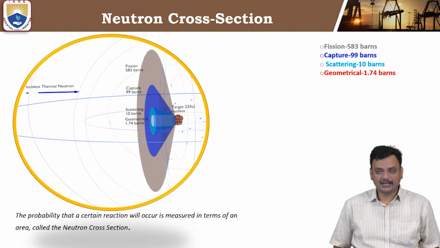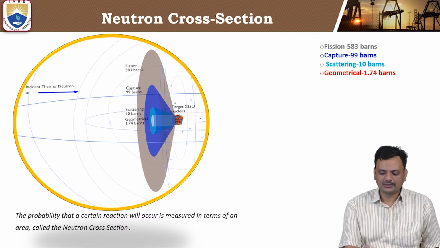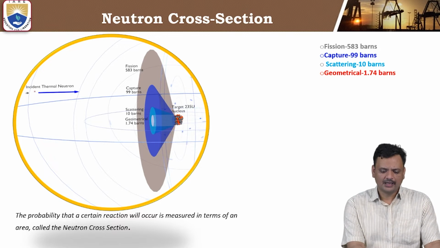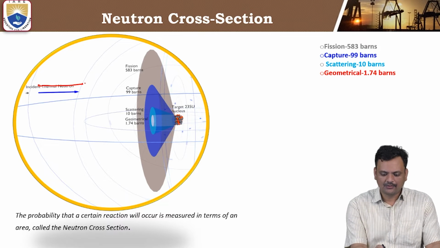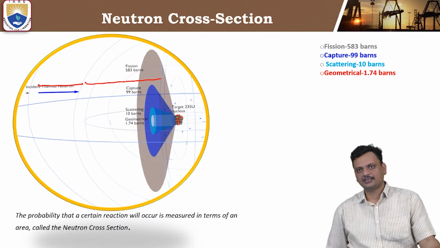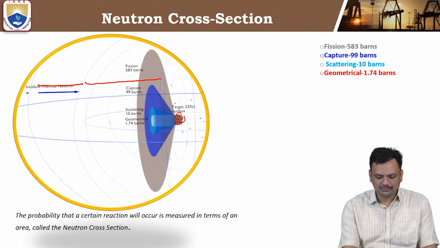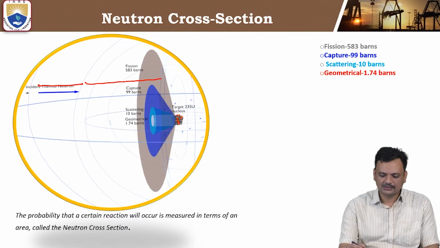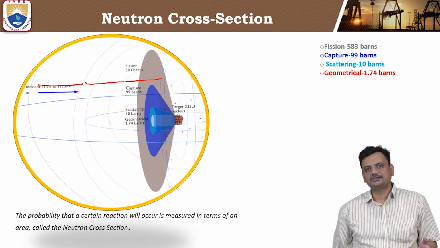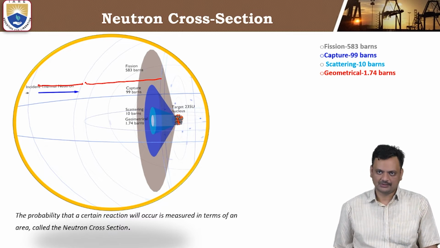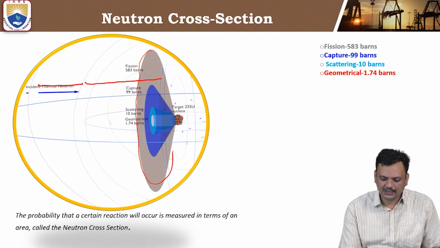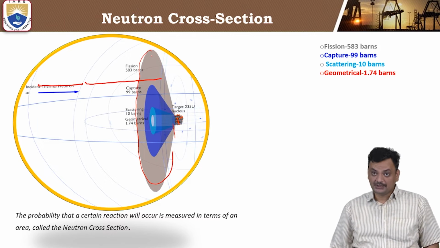Here one incident thermal neutron is approaching towards the nucleus. I deliberately put the neutron here, approaching toward the nucleus, not at the exact nucleus position. Why? Because around the nucleus there are certain fields where this neutron goes for nuclear reactions. When it approaches this region, it will go for fission.